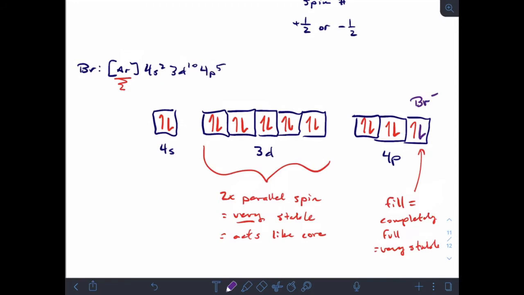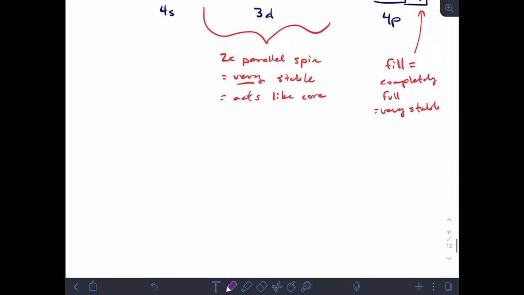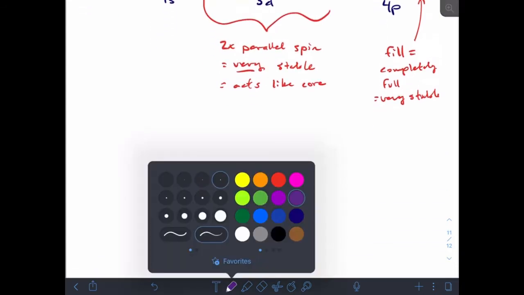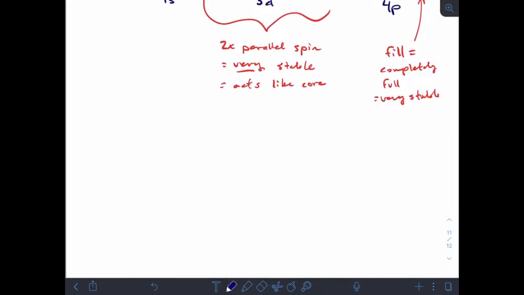All right, let's look at things from the other direction. Let's look at sodium. Its electron configuration will be neon 3s1.